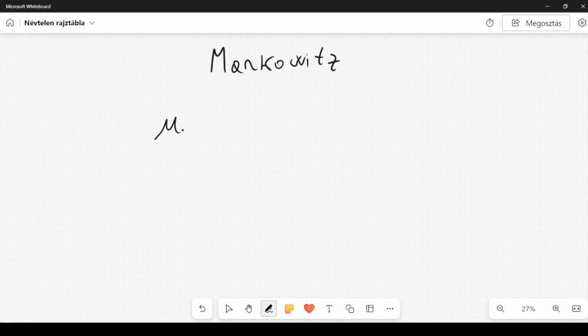In particular, let's define mu_i first. So mu_i is the expected return of the ith asset. We assume that we have 1, 2, 3, ..., n assets, and the expected return of each of them is mu_i.